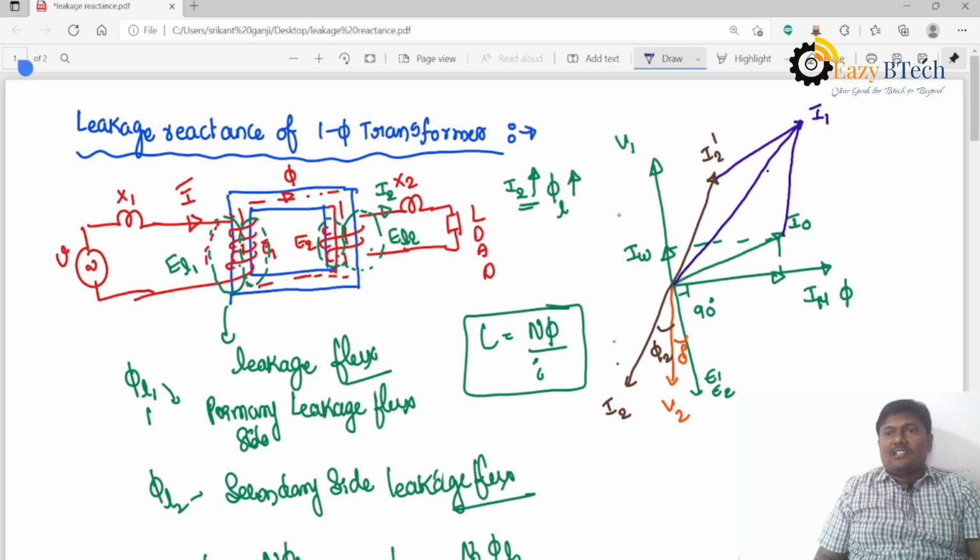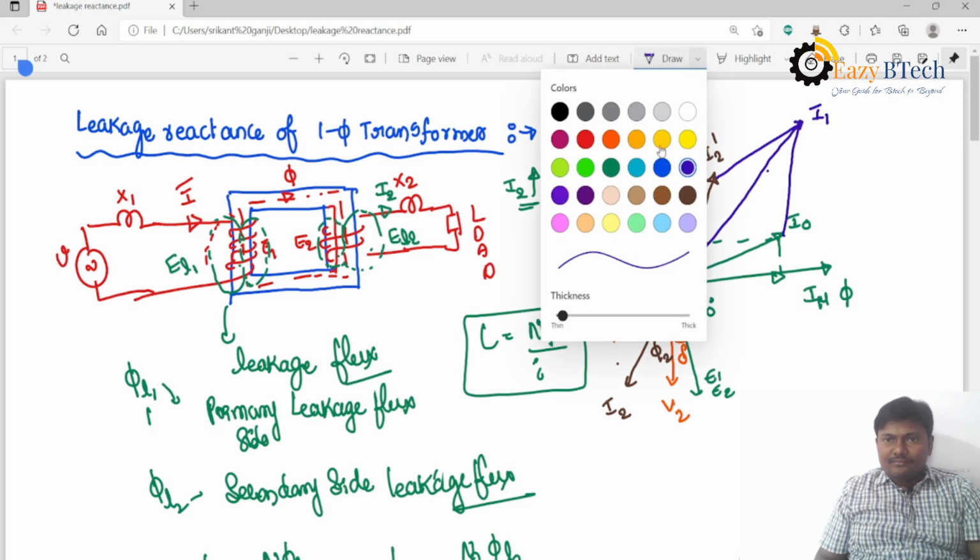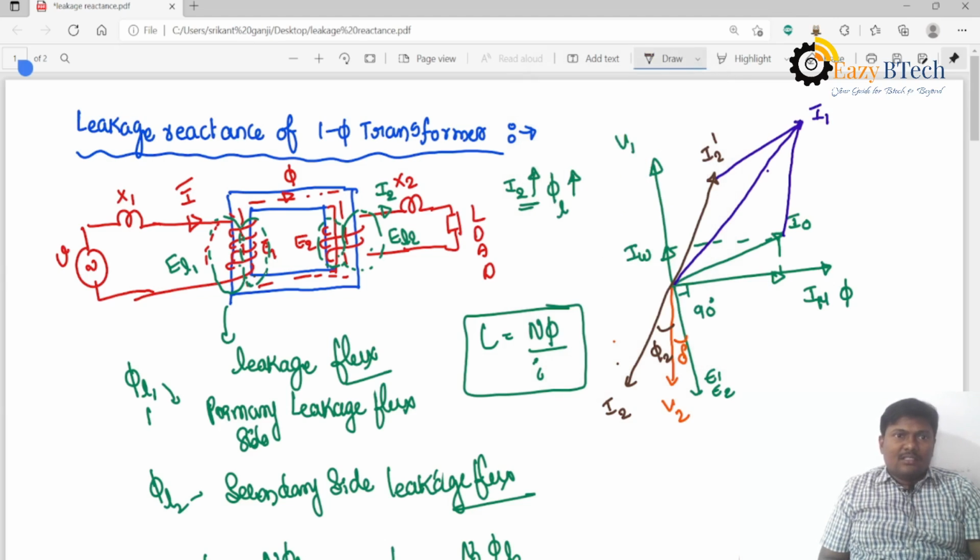That resultant current is called I1. Here, due to this I1, leakage flux will be produced. That leakage flux will be phi L1. Due to I2, the leakage flux phi L2 is produced.